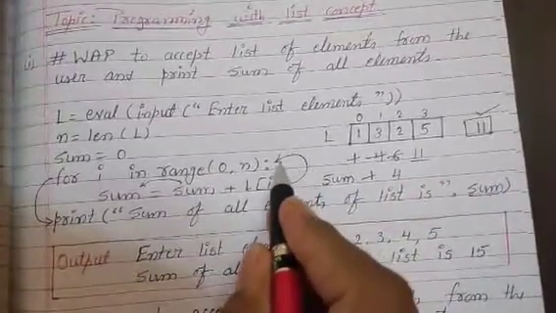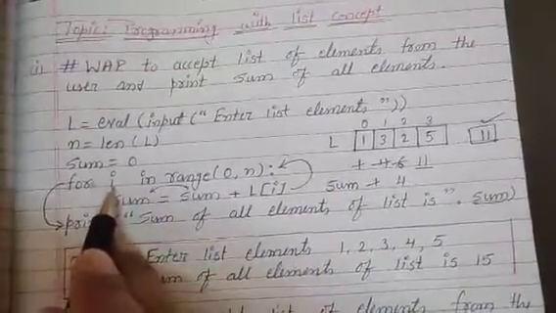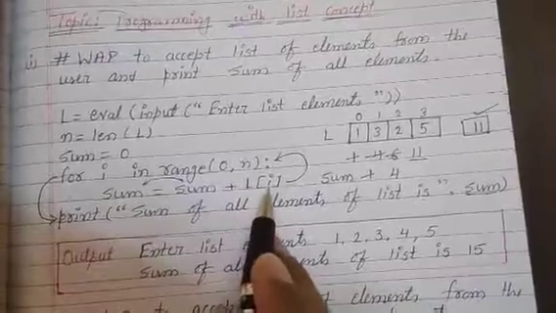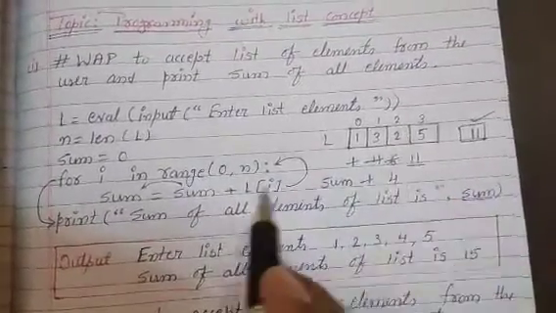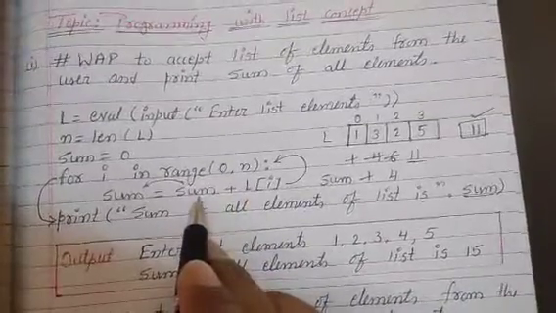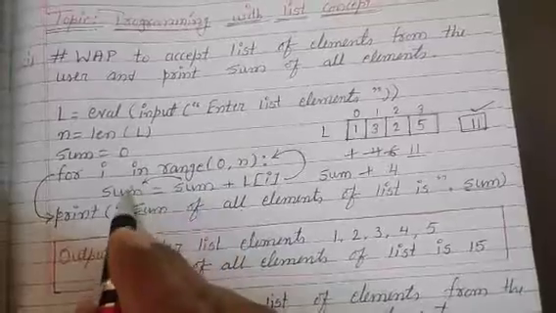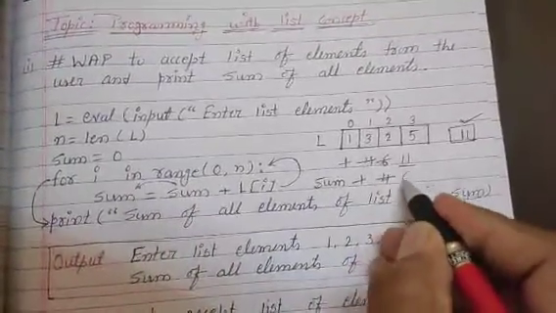Now control transfers to the next index, that is 2. i is 2. Now the statement is sum = sum + L[2]. List of 2 value is 2. The sum value is 4. 4 plus 2 is 6. 6 is assigned to sum, so the value of sum is 6.